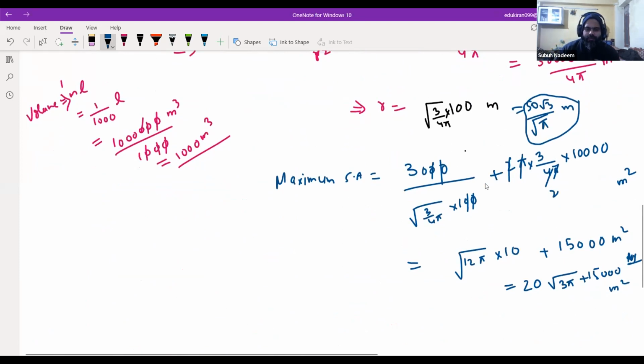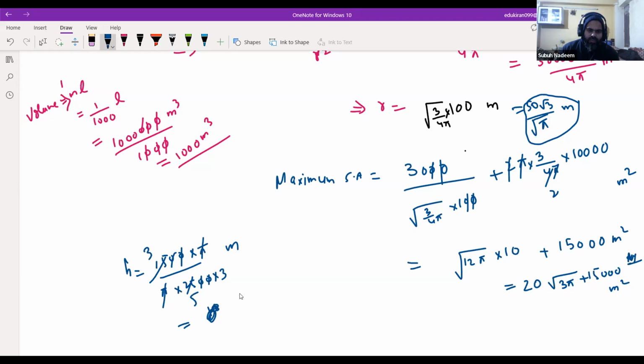So the height will become 1500 by pi into r square, 2500 into 3 into pi meter. 15 by 25 will get cancelled, 3 and 3 will cancel, so it becomes 1 by 5 meter, that is 0.2 meter. That can be said to be 20 centimeter. So 20 centimeter is the height.